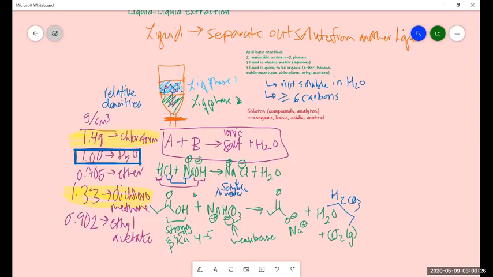So they're organic compounds. For instance, you use 3-nitrobenzoic acid, 1,4-dimethoxybenzene, and 2-naphthol. They're organic, but they also could be basic, acidic, or neutral.